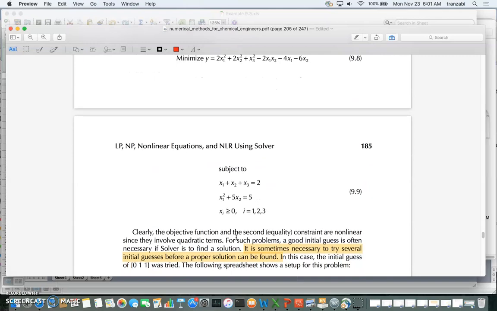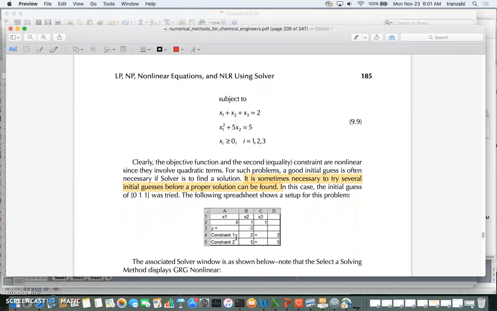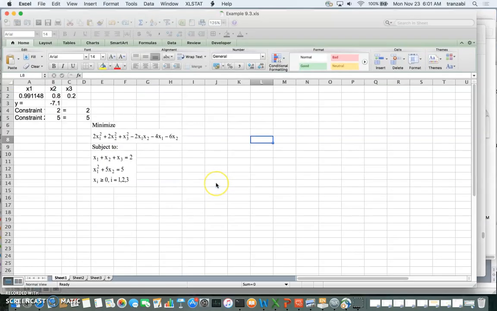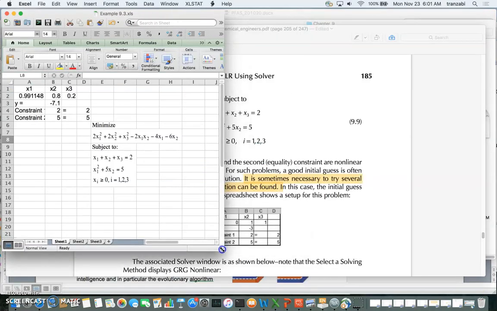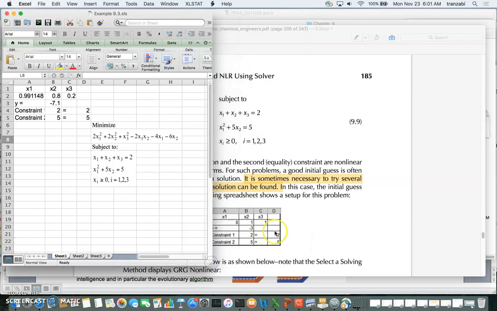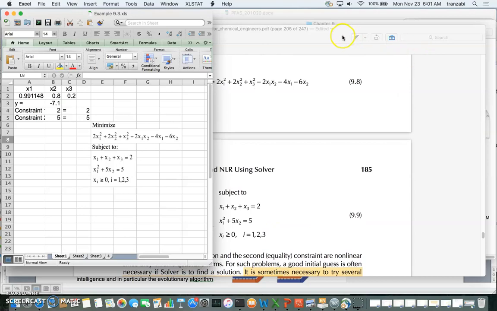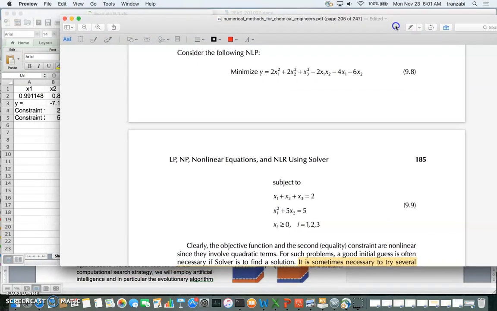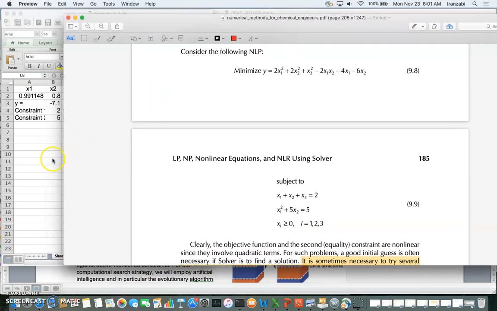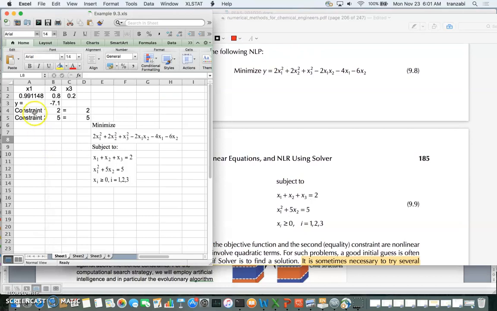Okay, so I'm going to just quickly jump into the spreadsheet. So here's the spreadsheet version of the problem. And if I make this a bit smaller, then you would see the problem over here, as well as the solution. Okay, so we're going to set up three cells for x1, x2, and x3. We're going to start with guess values.